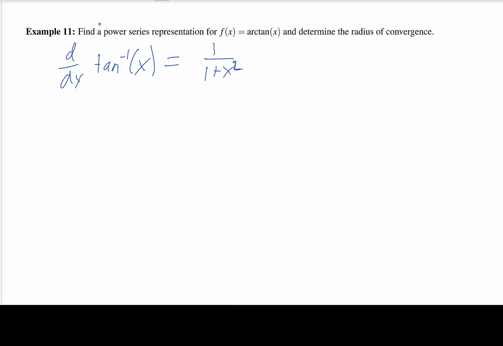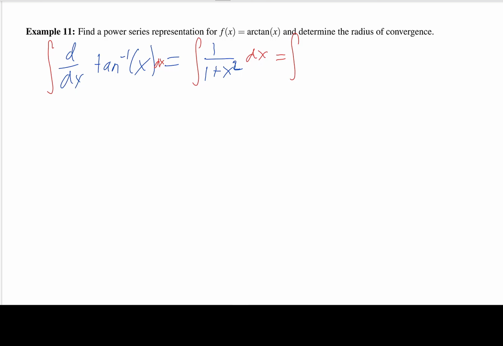Now what I'm going to do is I realize, okay, well I wasn't working with f of x equals the derivative of this. So I'm going to integrate both sides to cancel out that derivative. Okay. So what I'm going to do is I'm going to ignore this integral for a little bit and just work on the 1 over 1 plus x squared.